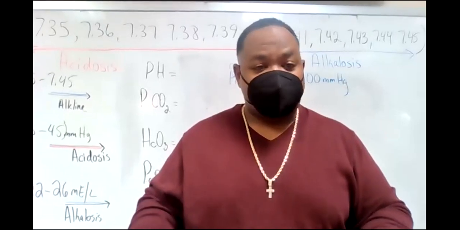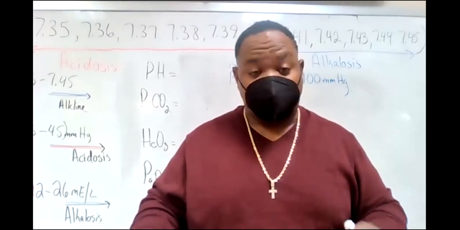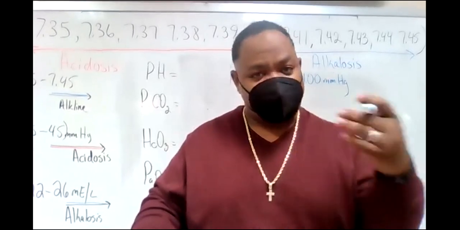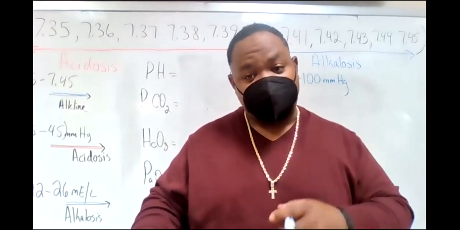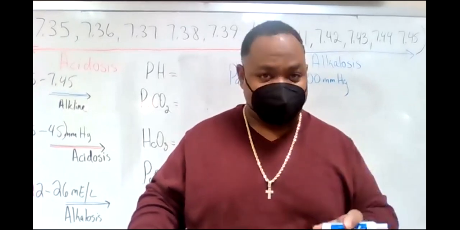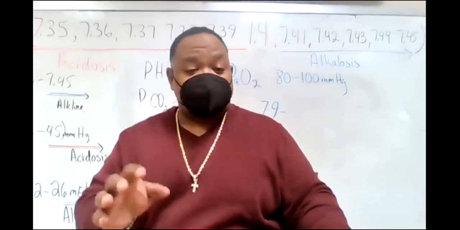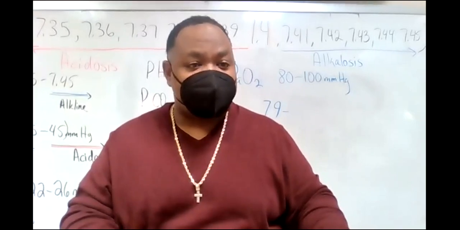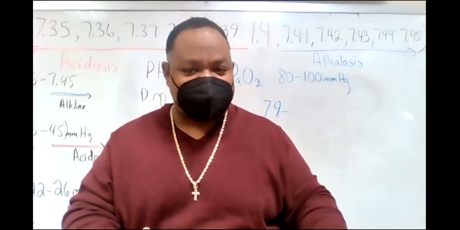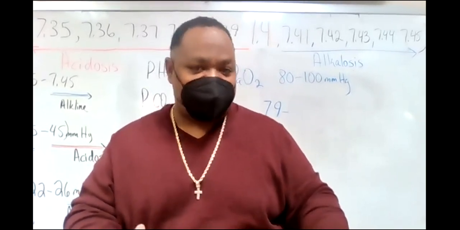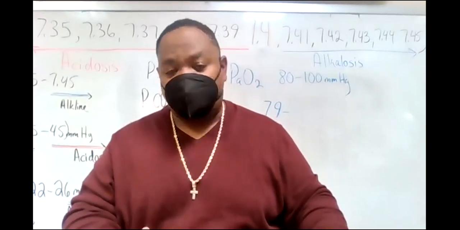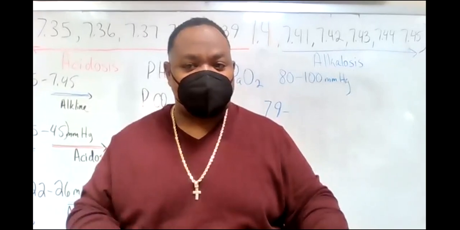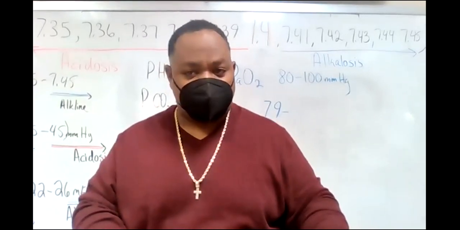All right, guys. So let's get back to the second component of the ABG. Ventilation and oxygenation are two different things. You have just learned how to interpret the acid-base status of the blood, whether it's an acidosis or alkalosis, and whether metabolic is the issue or if it is respiratory.